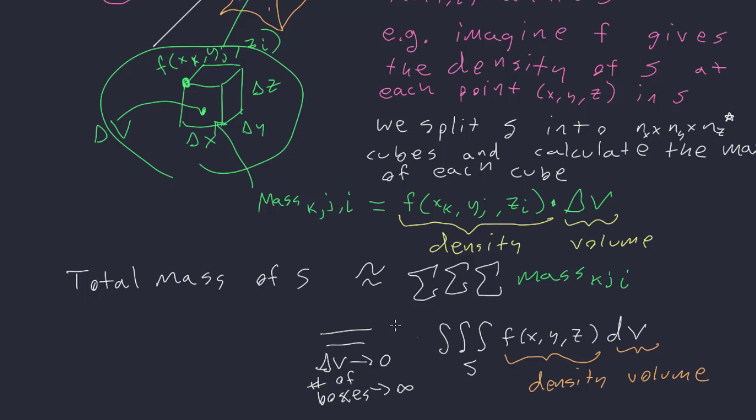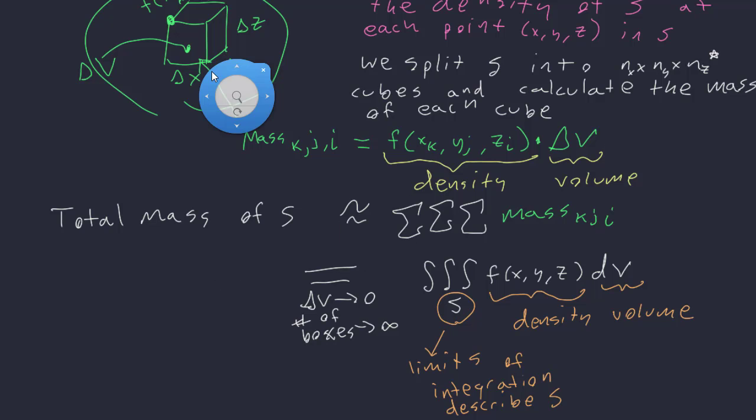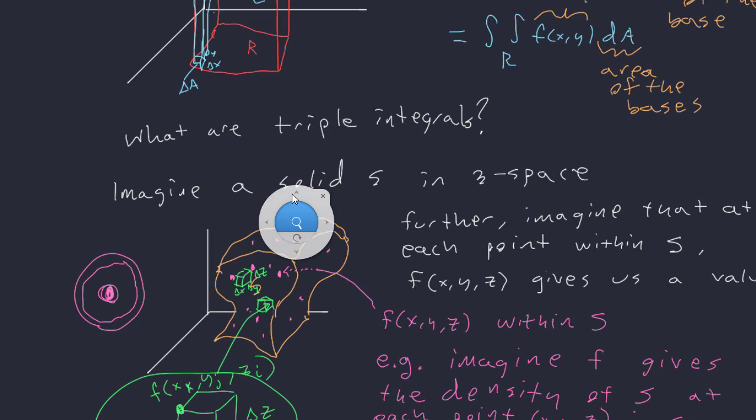Okay, so this is what the triple integral is. The f is our density function, dV is our volume, and the S itself, the limits of integration, describe S. So just like up here, I think it's on the same page, yeah.